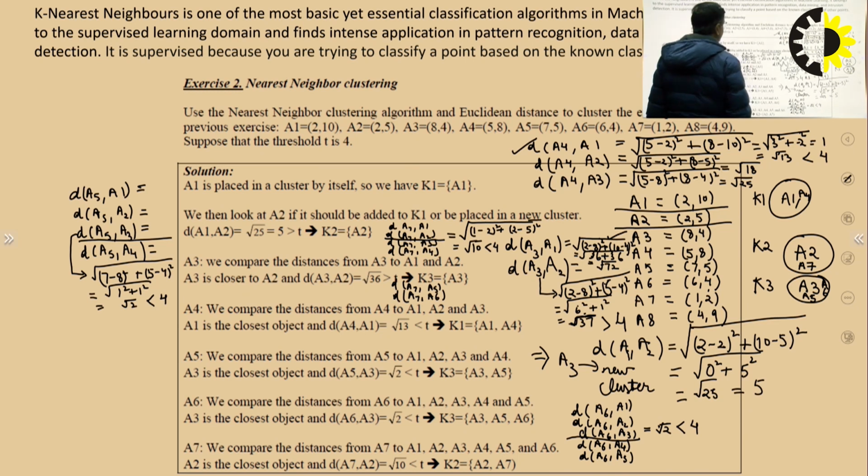Now moving on to the last point, A8. For the last point, we will again calculate the Euclidean distance of A8 with A1, A8 with A2, A8 with A3, A8 with A4, A8 with A5, A8 with A6, and A8 with A7.